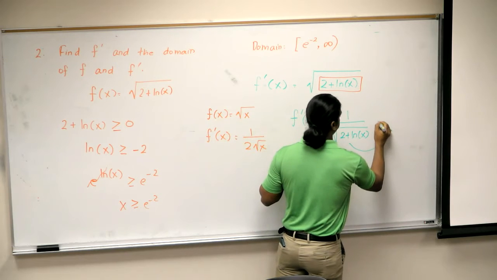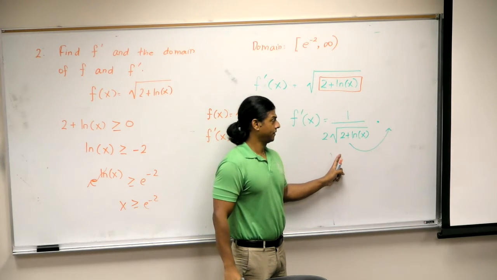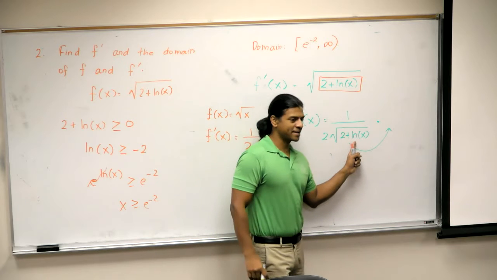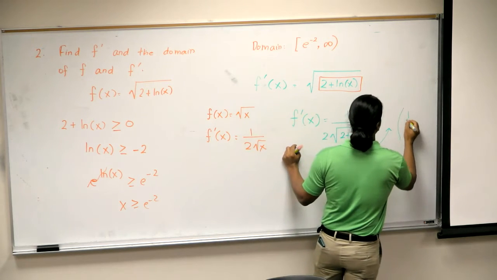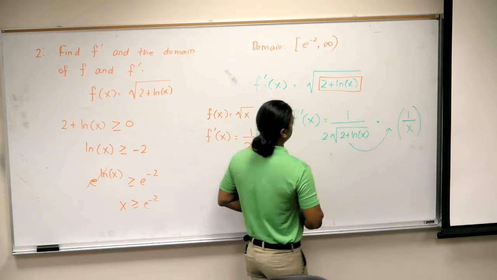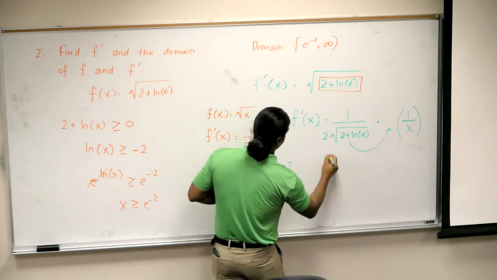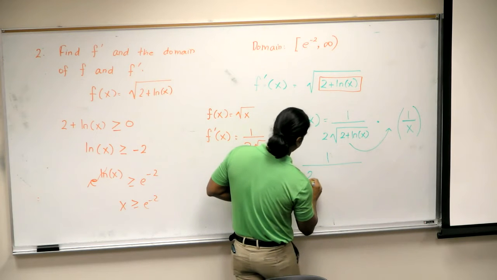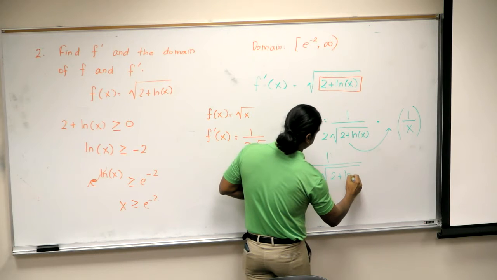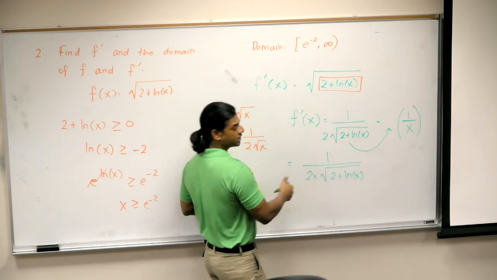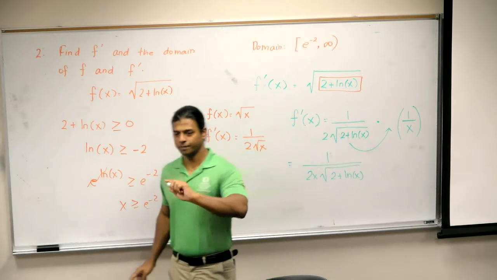No. What is the derivative of 2? Zero. What is the derivative of ln of x? 1 over x. So 1 over 2x multiplied by square root of 2 plus ln of x.